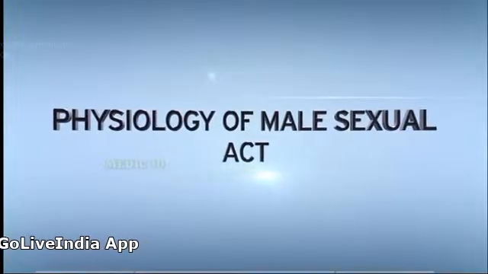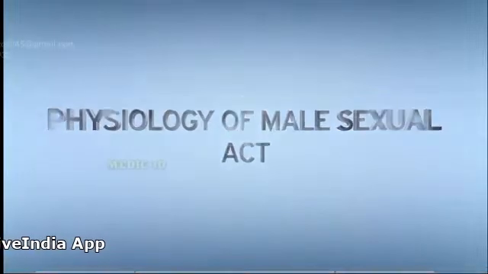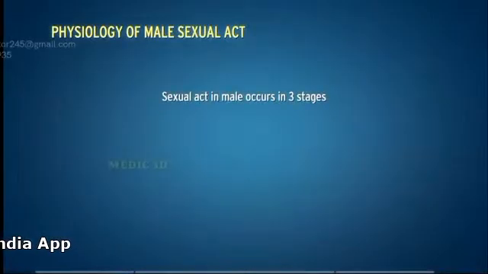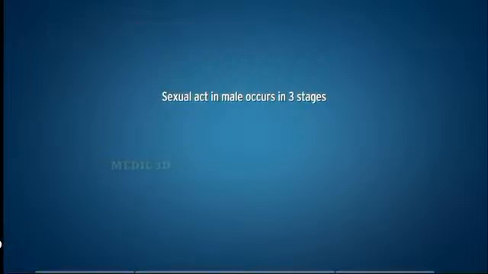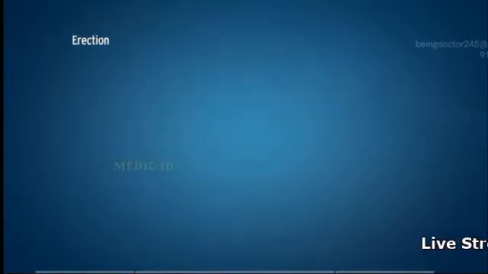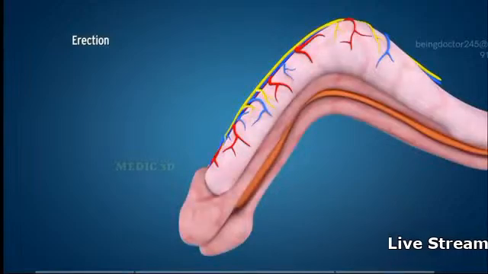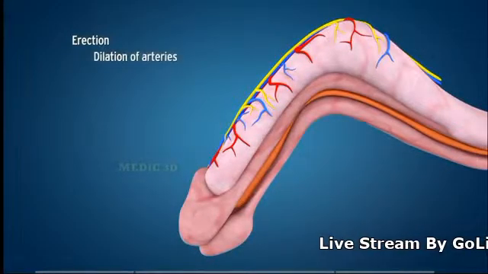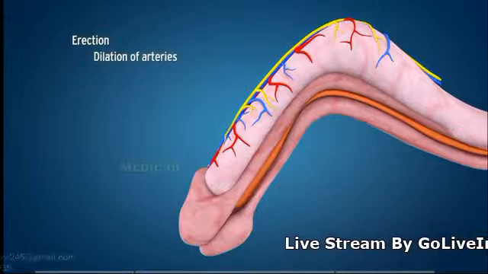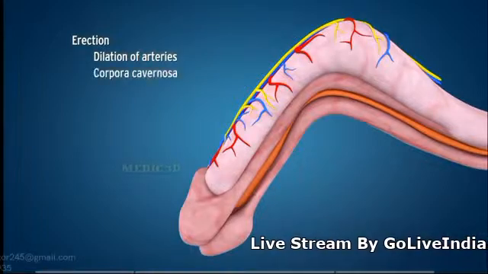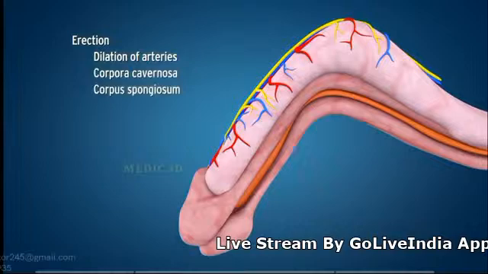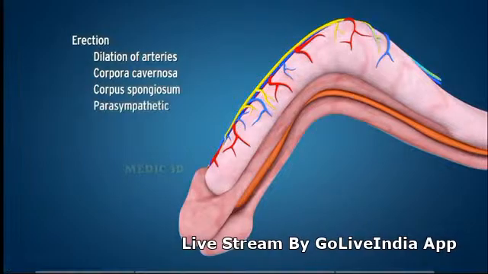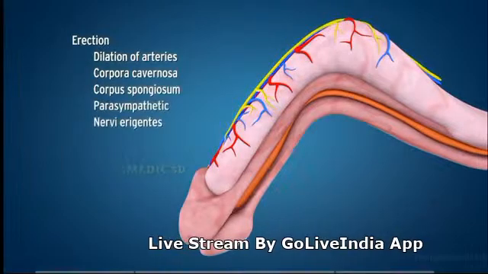Physiology of male sexual act. The sexual act in male occurs in 3 stages, which are as follows: erection, emission, ejaculation. Erection. Erection of penis occurs due to dilation of arteries, making the erectile tissues of penis, corpora cavernosa and corpus spongiosum, being stimulated by parasympathetic nerves, nervi erigentes.